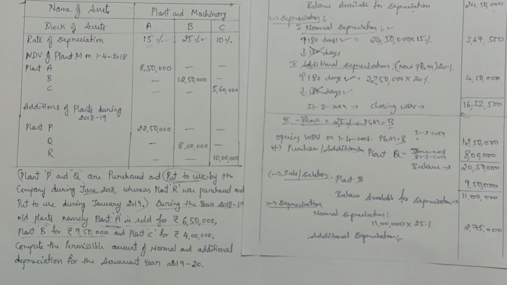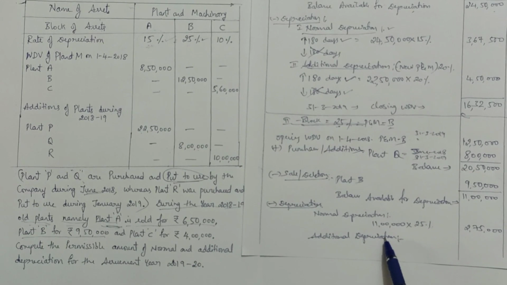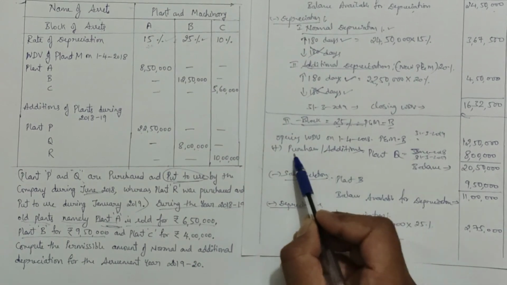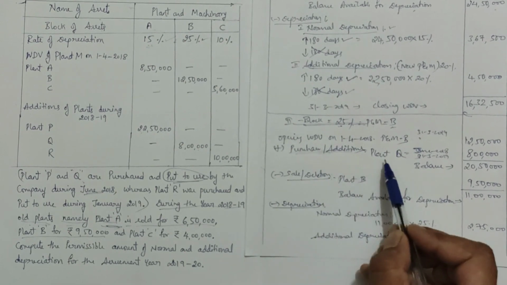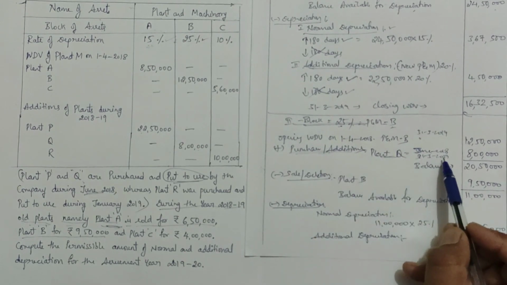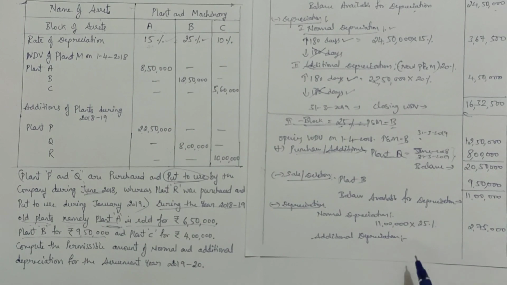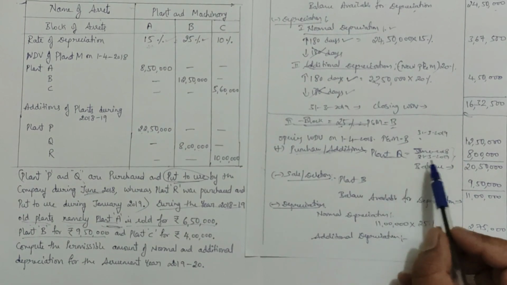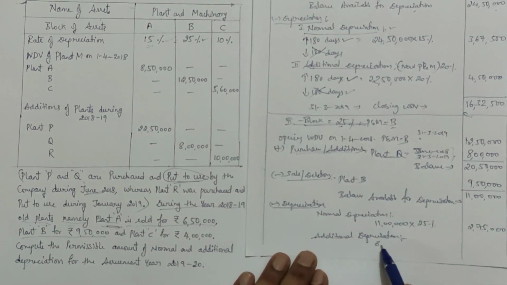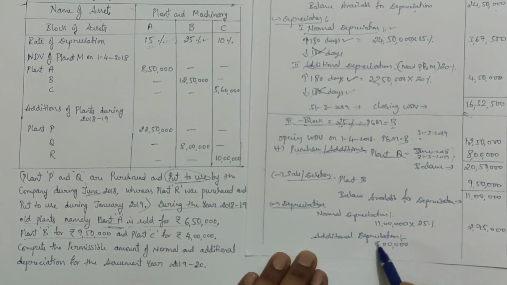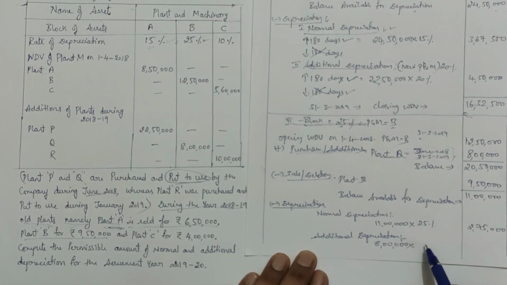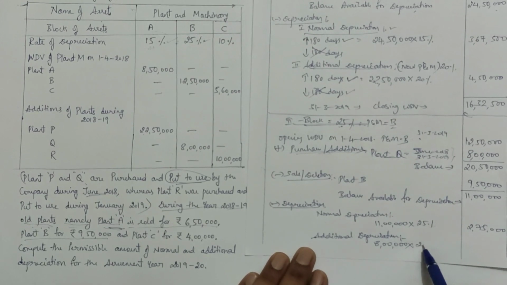2,75,000. Correct. So next, additional depreciation, we need to check it out. Additional depreciation is only for newly purchased assets. Which one is newly purchased here? Plant Q. So plant Q has more than 180 days. How much is plant Q's value? 8 lakhs. So 8 lakhs into, what is the rate of additional depreciation? 20%. It is a standard one. Okay.